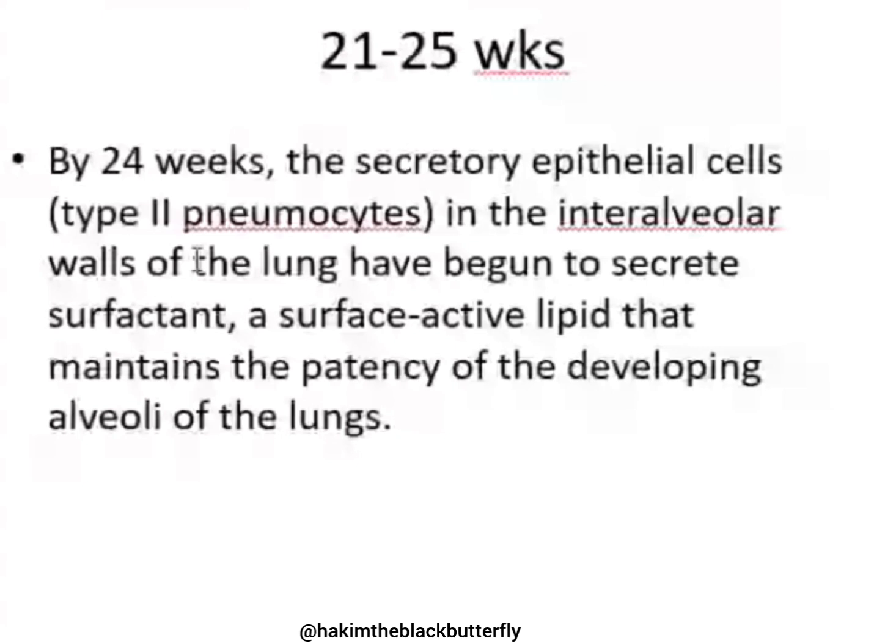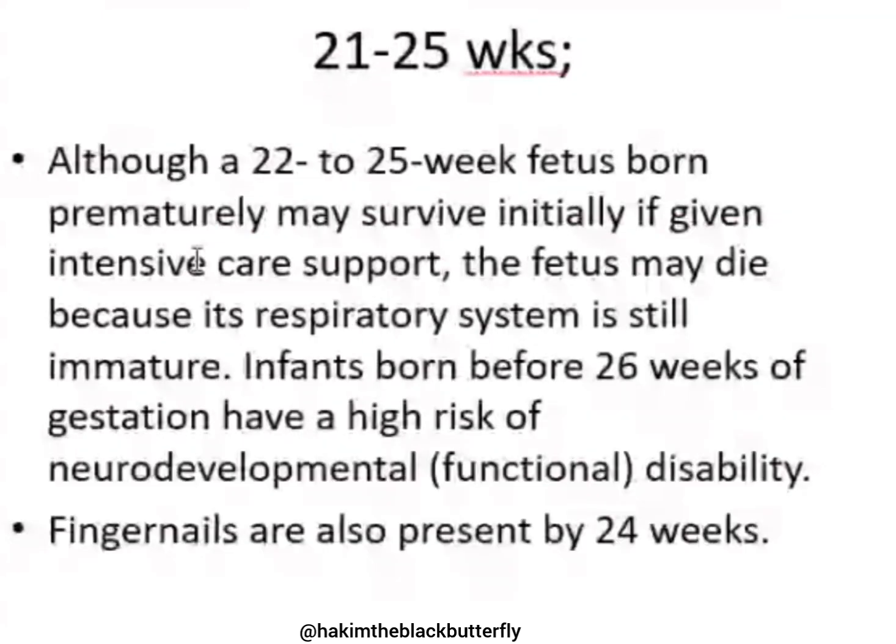And because of that, if they are given intensive care support, they can survive. However, if that is not so, they will die if they are born premature at this stage because their nervous and respiratory system are still premature to support them. That is what happens between week 21 to week 25.